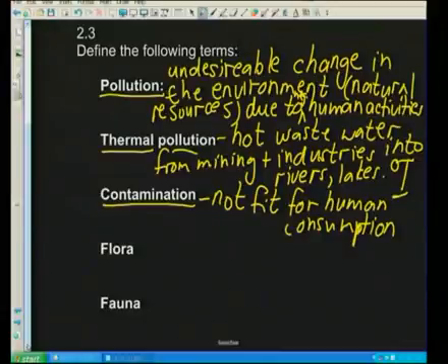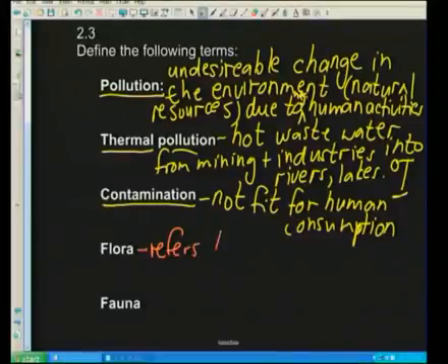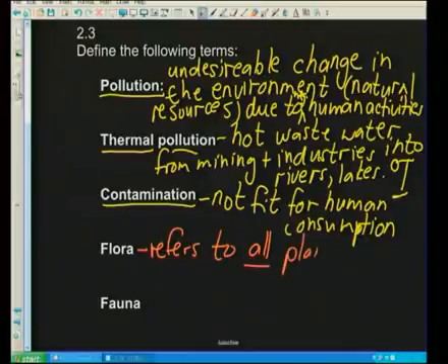Now, two very important words are flora and fauna. I think some learners mix these two words up. Now, let's first see what is flora. Think flowers, think florals. So that's got to do with our plant life. So it refers to all plant life.